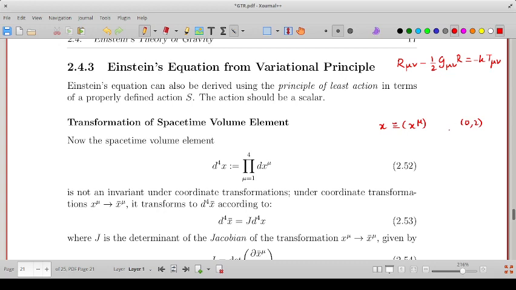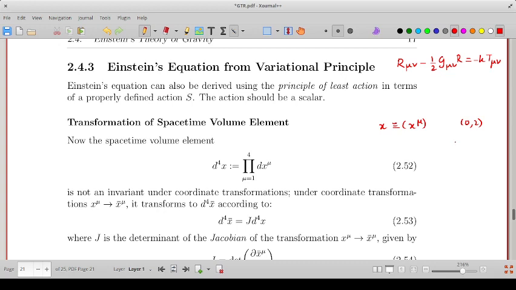So instead of discrete particles that we were discussing earlier, we now have the dynamical variables given by the components of the metric tensor at every point in the space-time.